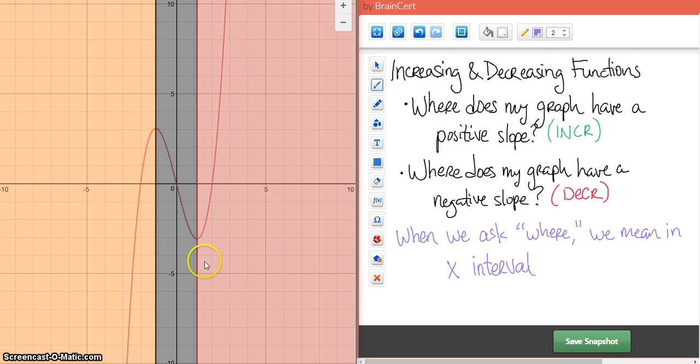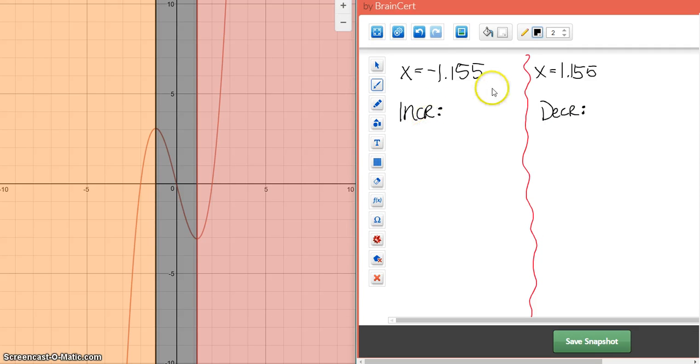This should just show you that this one function has three different intervals that are important to us. So let's actually write them down and see if we can practice the notation for this. Okay, so to talk about my increasing intervals, I want to say that I started at negative infinity and I ended the increasing interval here, my orange, at negative 1.155.